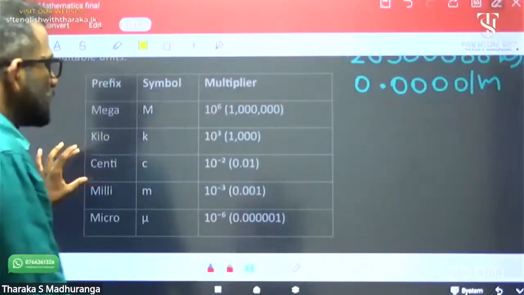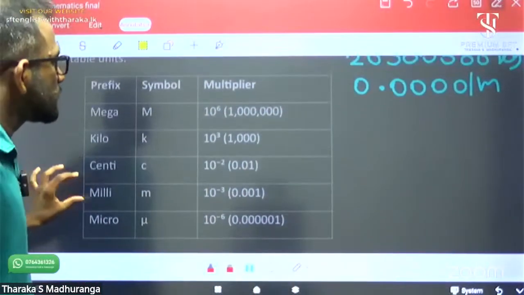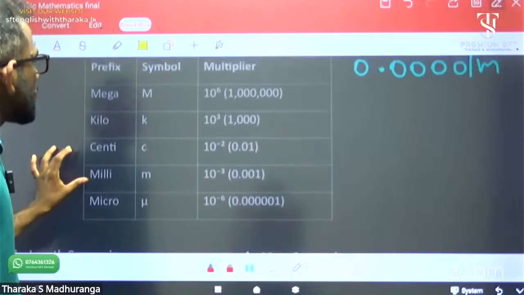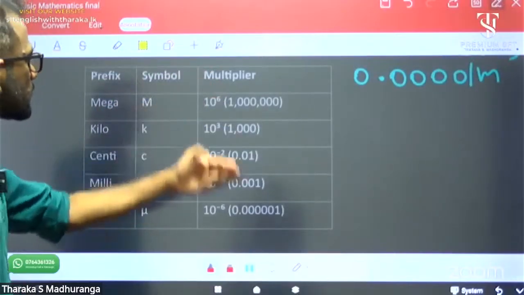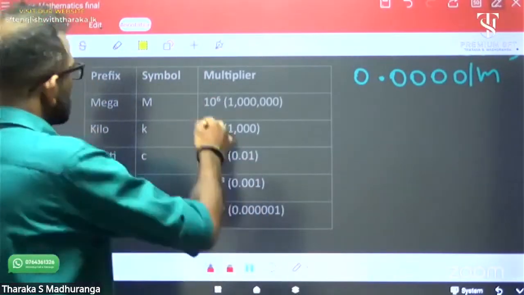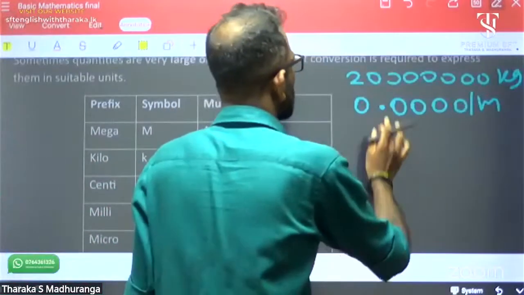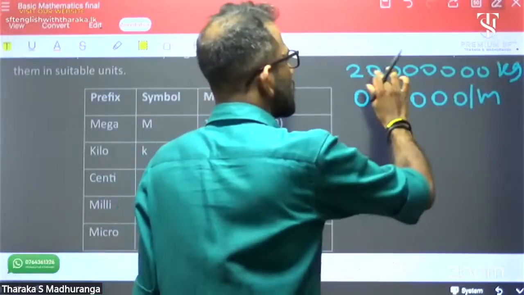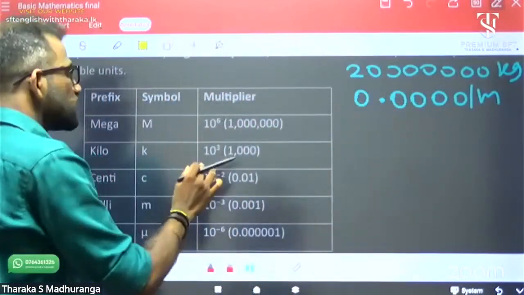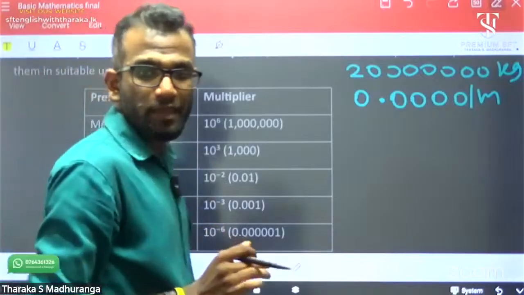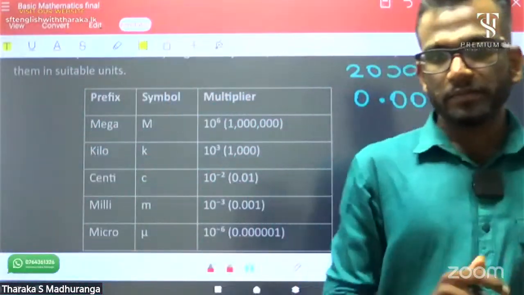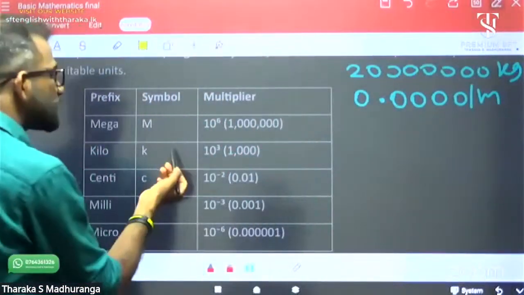In the measurement lesson, the second lesson, we also discuss these things, the conversions. If you have 1000 kilo, we call that mega, as in megabytes.